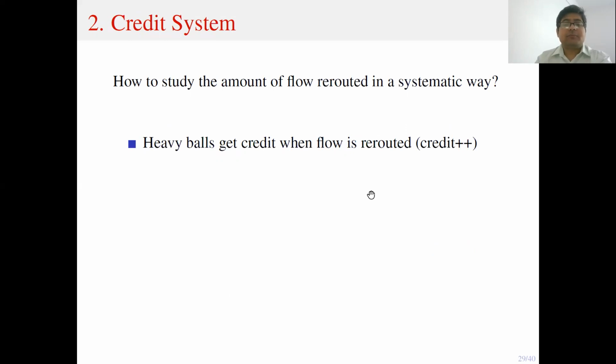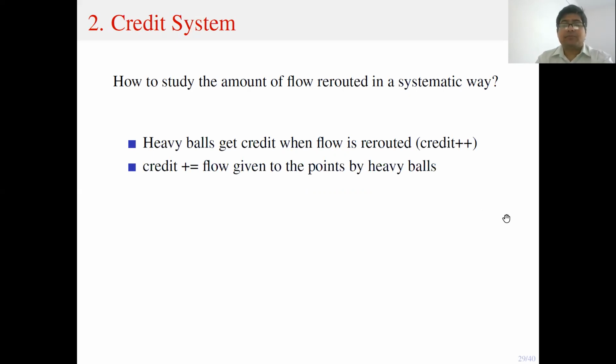In this system, each heavy ball gets a credit when flow is rerouted from this heavy ball to the newly selected light ball. And the amount of credit is exactly the amount of flow rerouted from this heavy ball to the light ball.